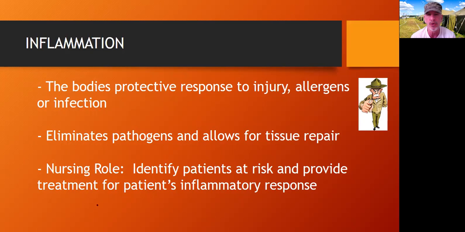Things that you want to do as a nurse, you want to identify patients that are at risk of inflammation and provide treatment for those inflammatory responses. It could be a variety of things: medical, anti-inflammatories, the old RICE acronym: rest, ice, compression, elevation, etc.